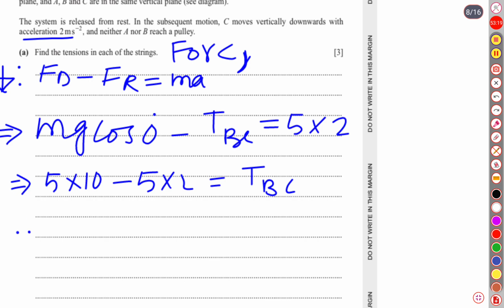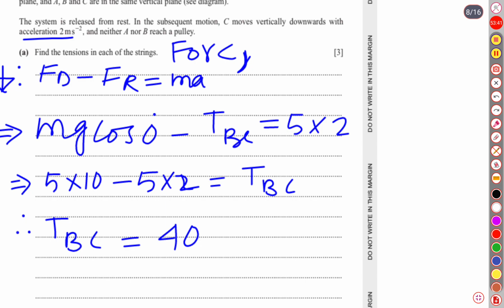Hence, our tension in the string BC is going to be 50 minus 10, that is 40 Newton. They have told us to find the tension in each of the strings.